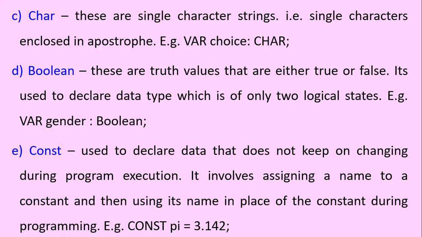It involves assigning a name to a constant and then using that name in place of the constant during programming. An example of such a statement in Pascal is const pi equals 3.142 semicolon. What this statement simply means is that we are telling the compiler to set a memory location aside called pi that will contain a value which will remain constant, which will not be changing, and that value is 3.142.